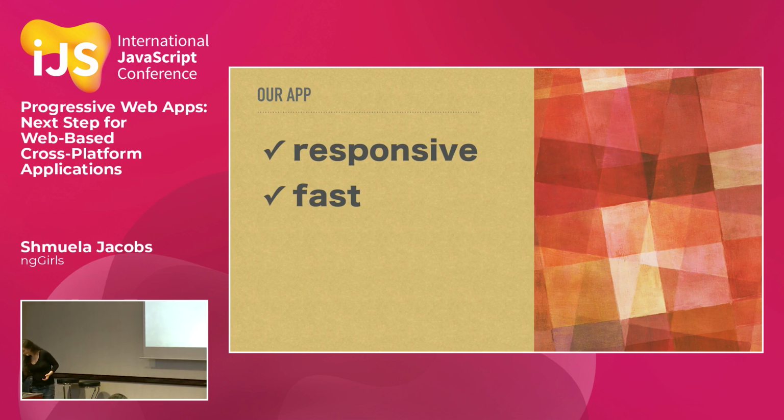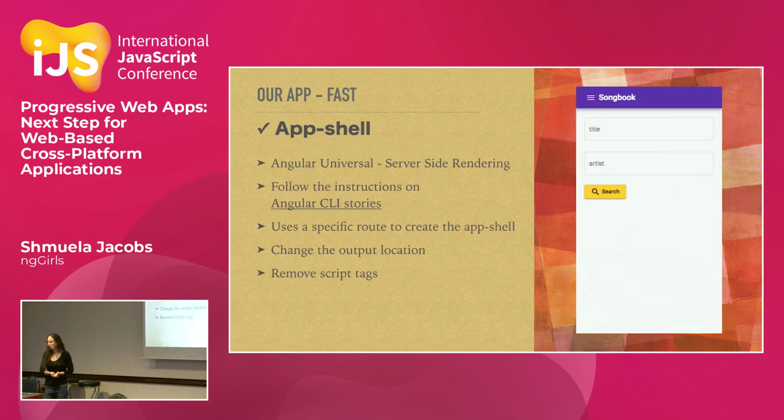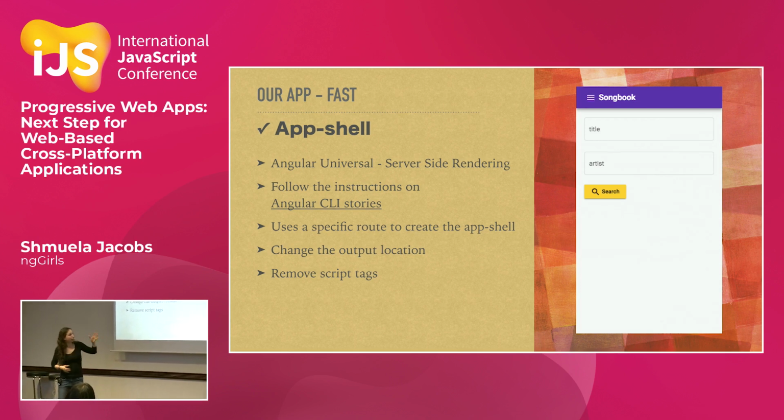Okay, so we made it responsive. Next thing that we want to make it is fast. There are several things that we can do to make our application faster. The first thing is create an app shell.